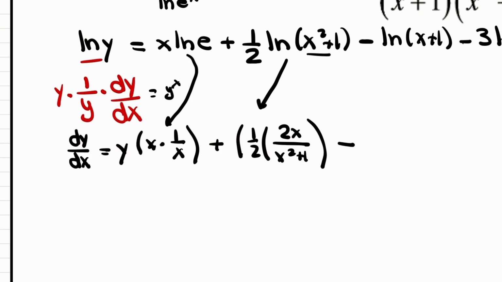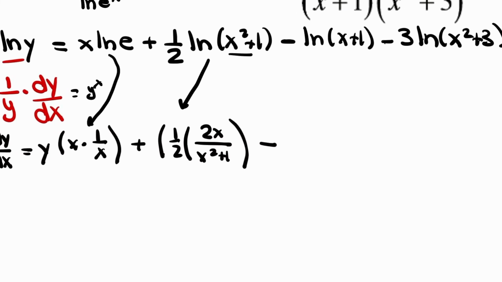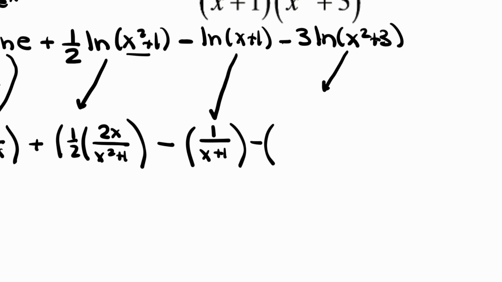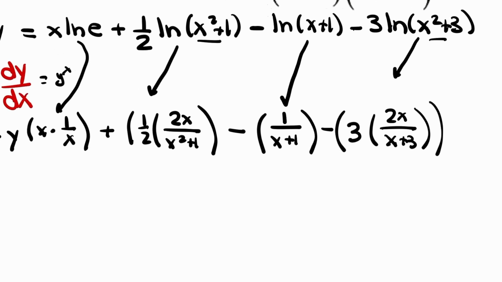Then I'm going to subtract from that the derivative of ln x plus 1. Derivative of ln x plus 1 is just the derivative of it, 1, all over the original x plus 1. Now I'm going to take the derivative of the last one. 3 ln x squared plus 3 is going to be 3 times the derivative of this, which is 2x, all over x squared plus 3.